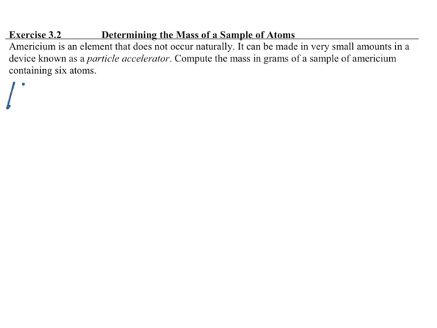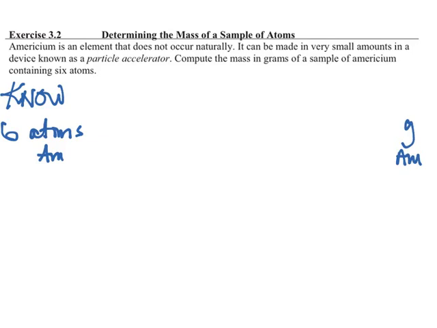So we're always going to start with what we know. So 6 atoms, and americium has the element symbol Am. And I want to end up getting that to grams of Am. And so if I'm thinking about atoms, atoms going to grams has to go through moles first.